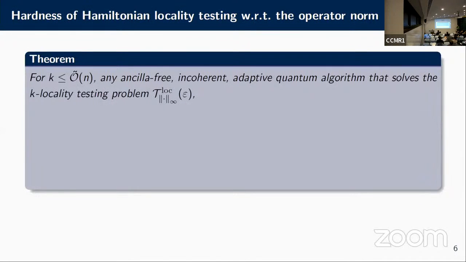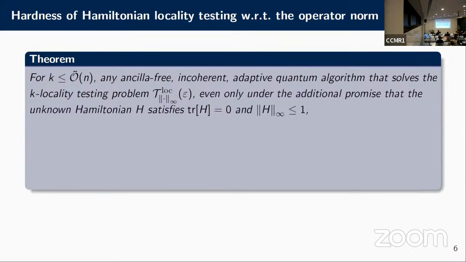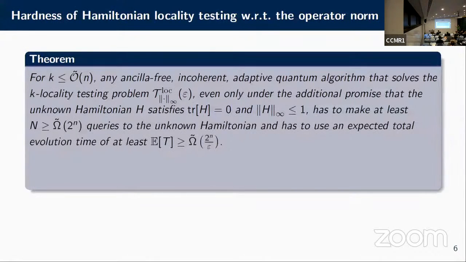If you take k at most order n, then any ancilla-free, incoherent adaptive quantum algorithm, the algorithm on the left but without ancillas, that solves the k-locality testing problem, even if you additionally guarantee that the unknown Hamiltonian is trace-free and normalized to have operator norm at most 1, even then this algorithm has to make at least 2 to the n queries to the unknown Hamiltonian, and it has to use an expected total time evolution of 2 to the n divided by epsilon.